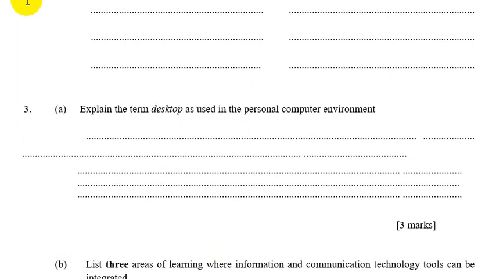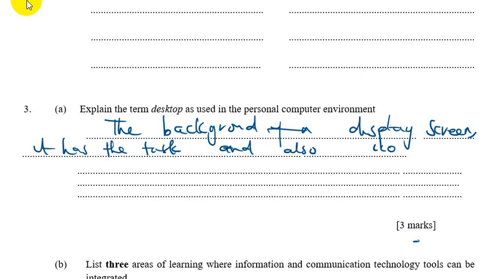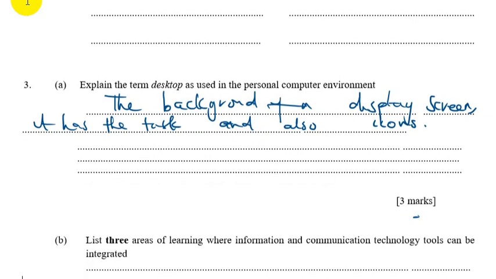And because of the 3 marks, we can also say it has the taskbar and icons. That is all. I think this one is okay. You can pass with this.